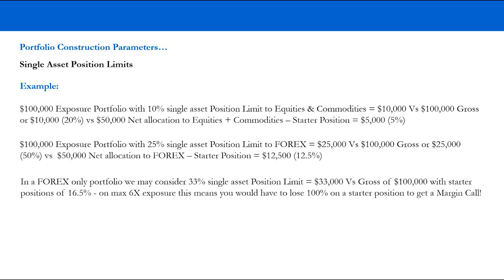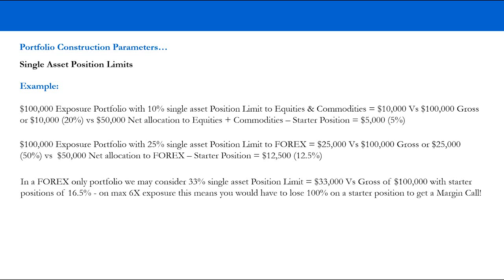The reason we do this is because we never want to be in a situation where one single position in our entire portfolio is creating the entire destiny or outcome of our portfolio. By doing that, we ensure that if things go wrong on one position, the overall portfolio doesn't get hurt by too much.